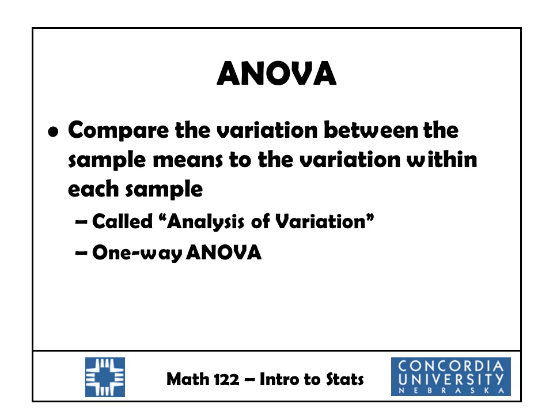So we've got to take into account the sample means as well as the sample standard deviations. And this type of test is called analysis of variance, or ANOVA for short. Now there are lots of different types of ANOVA tests. The specific type of ANOVA test that we're doing here is called a one-way ANOVA.